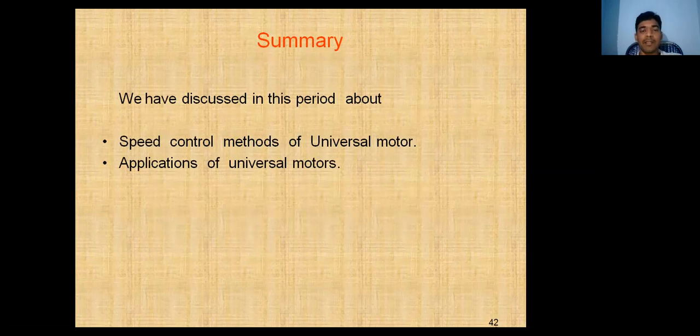And applications of universal motor: high speed universal motors have home applications such as vacuum cleaners, electric shavers, small rating grinders, food processing, and variable speed drives. We can find the applications at home.